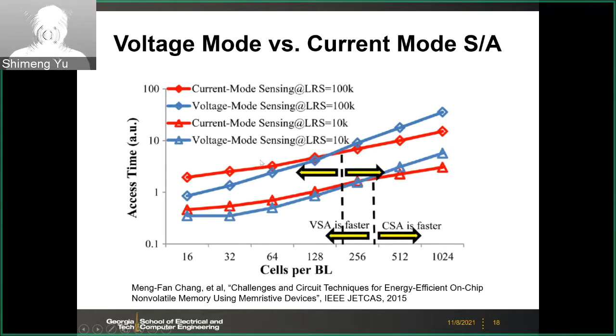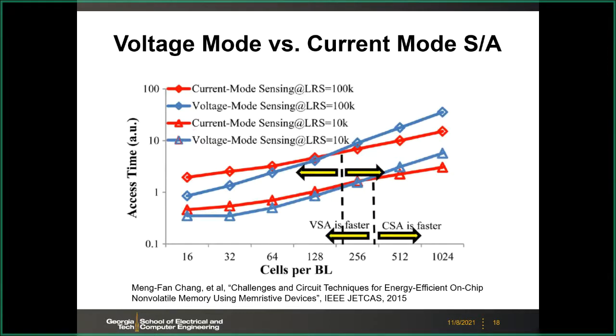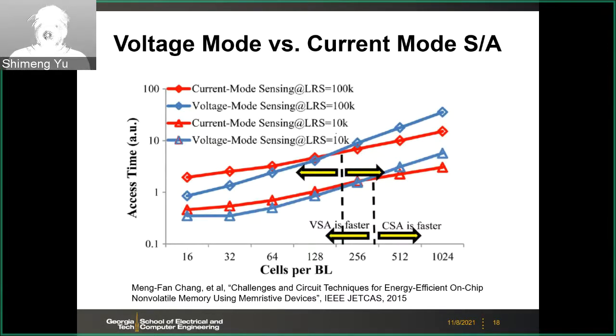For example, let's look at this triangle symbol. Triangle symbol means the low resistance state is 10 kilo ohm. If your cell resistance is 10 kilo ohm, then you have those two branches, and for the larger array size, like 512 or 1000, the red ones are the current mode. So the current mode is faster.